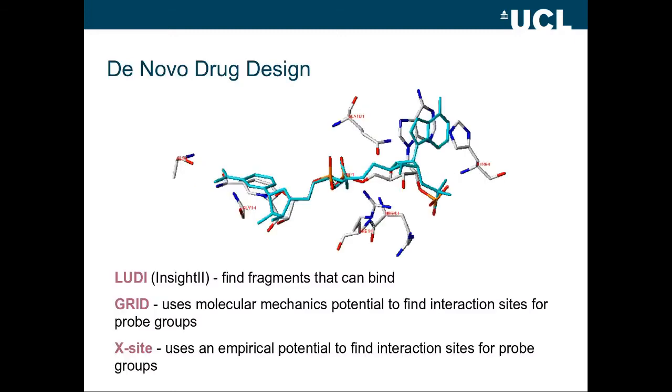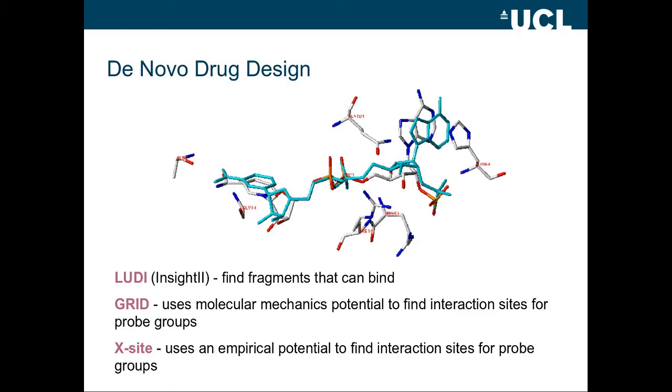So before I talk about how we can improve lead molecules, I'm going to mention the idea of de novo drug design, where instead of starting with some pre-existing molecule, we try to assemble a molecule from scratch.